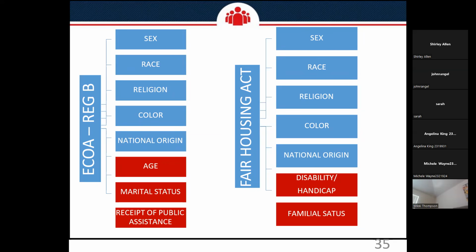On the other hand, the Fair Housing Act deals with sex, race, religion, color, and national origin, but it also includes disability, handicap, and familial status. So you know who the protected classes are and what it means as you go through your mortgage training.